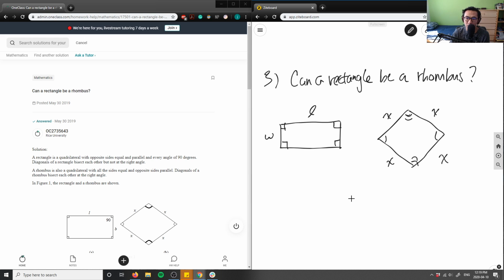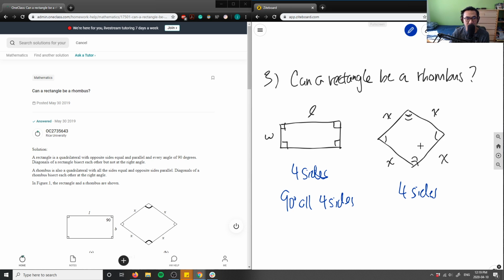So they both have 4 sides, right? Let's do an analysis here. Both shapes have 4 sides, which means they're quadrilaterals. A rectangle has 90 degrees on all 4 corners, whereas the rhombus doesn't necessarily have to have 90 degrees.